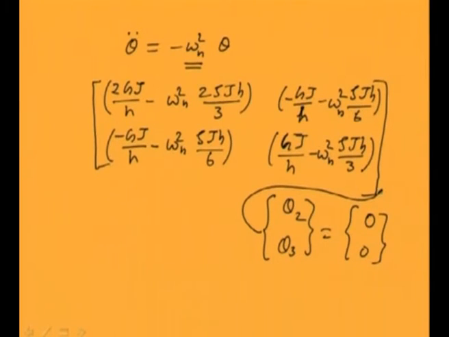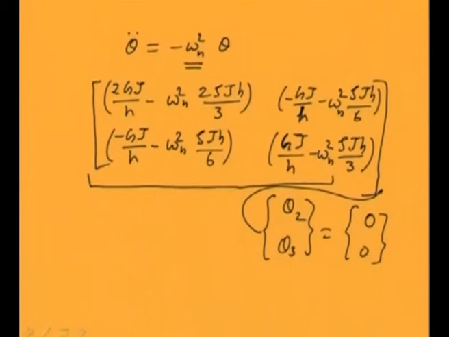For this, because we cannot have the trivial solution, that means both the displacements theta 2 and theta 3 cannot be 0. So the determinant of this particular matrix has to be 0, and from there we will get a frequency equation in terms of omega, and I am writing the final form of the matrix.